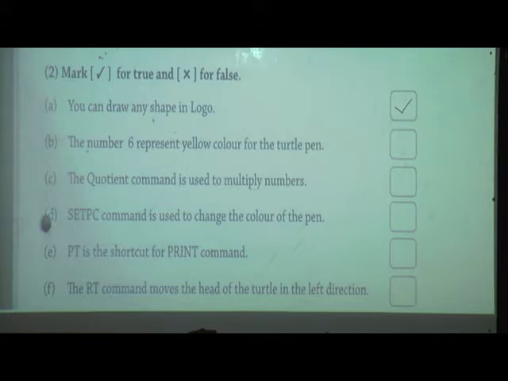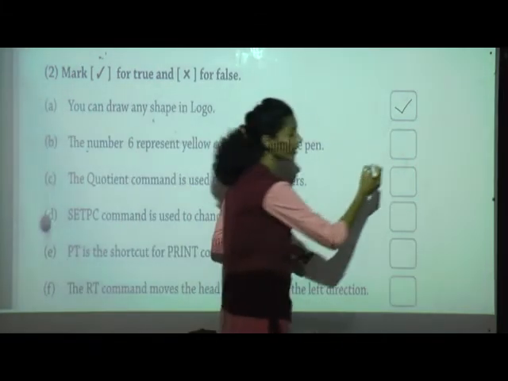Learn this chart, then you understand whether it is true or false. It is on page number 12 in the book, right? We studied just now which color has which number. Now it is true or false? Number 6 has yellow color? Yes, see in your book, it is true. Then we do a tick here.